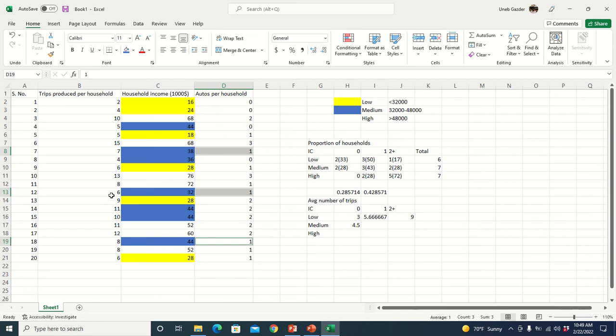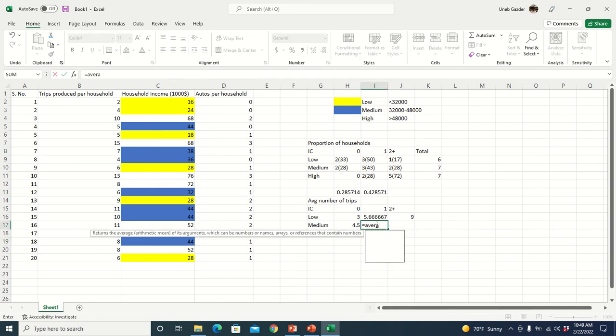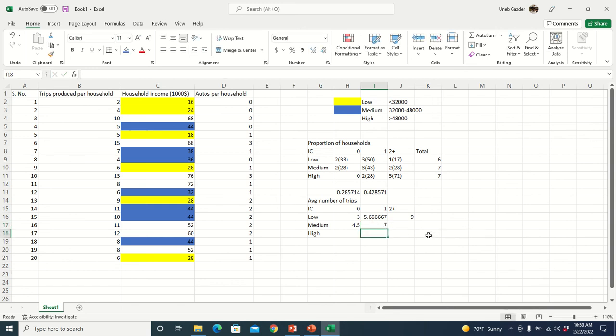Okay, so 8 and 6 and 7. Okay, then I have 2 with 2 plus autos for medium income. So these two guys. Okay, so they have 11 and 12, so it will be 10.5.